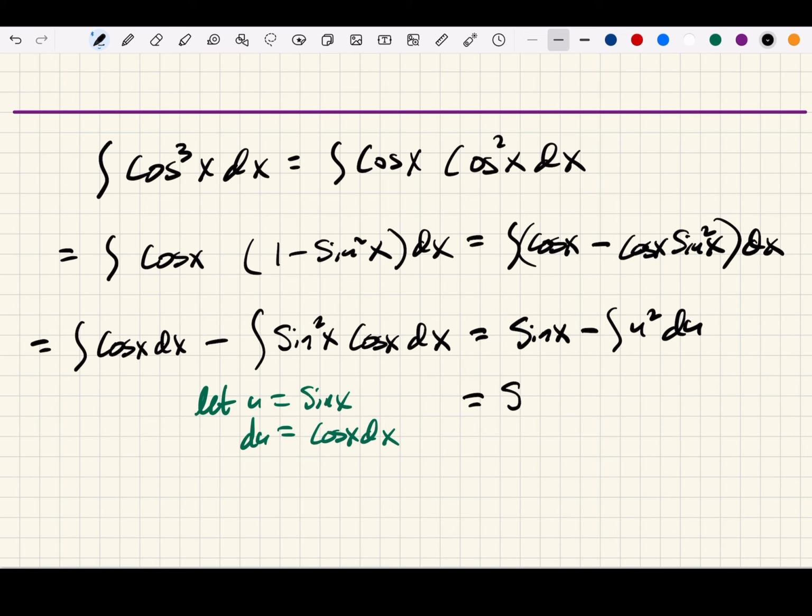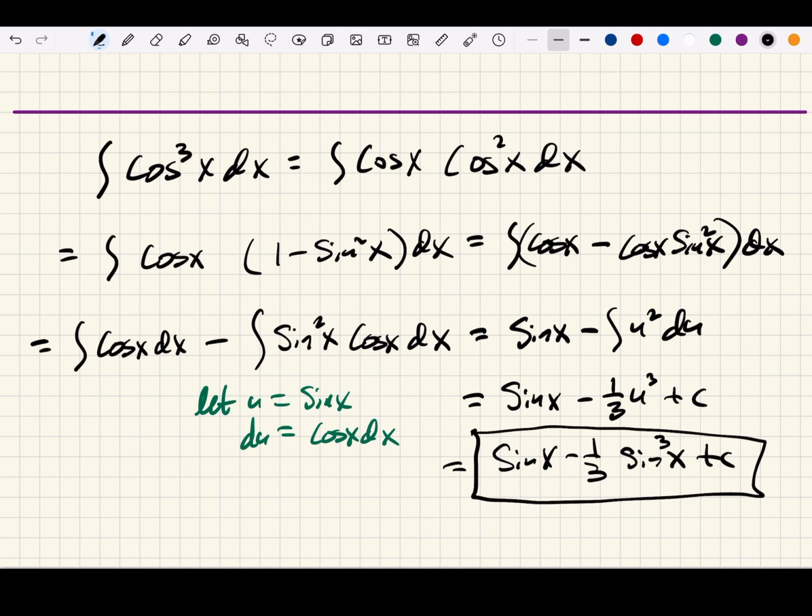So we have sine x minus 1/3 u cubed plus c, but u cubed is sine cubed x. And there we go. That was pretty nice, wasn't it?